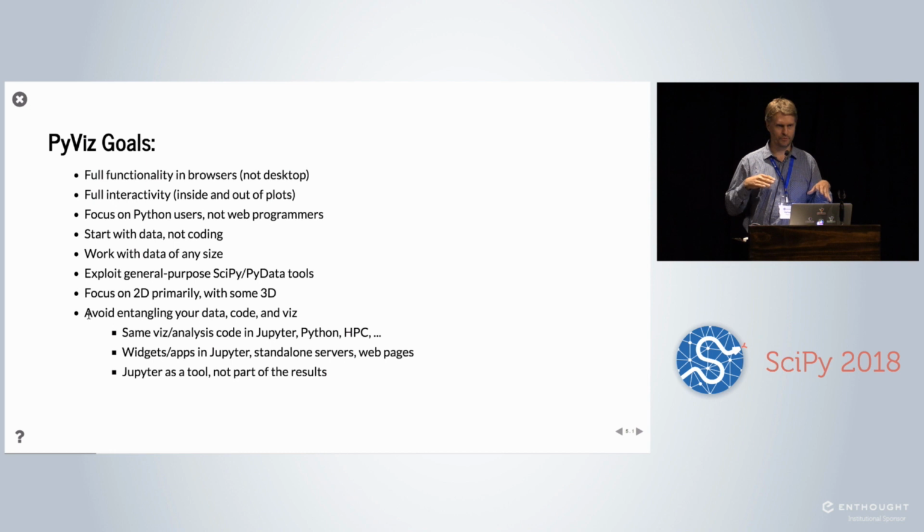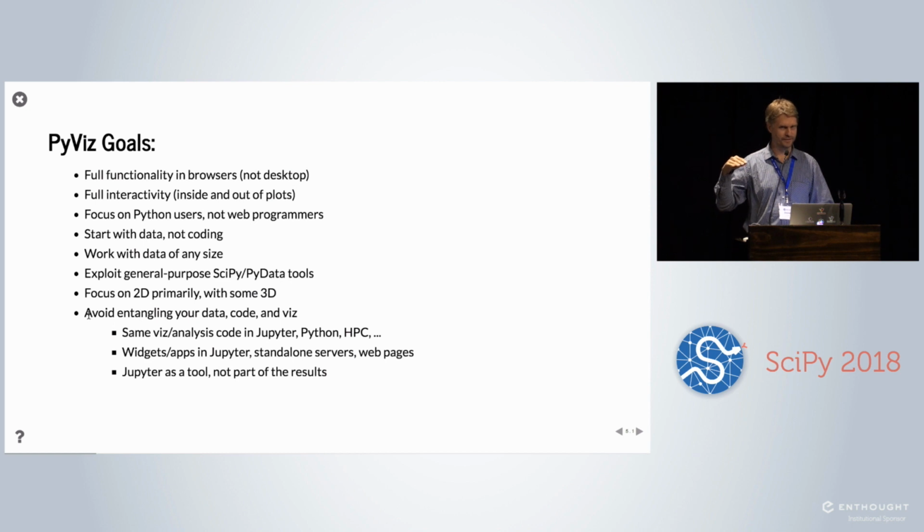We want to make sure that people who know a domain can work hard on the code for their domain without tying it, therefore, to a particular context of how they're going to view the results. And that's where we diverge from a lot of the talks you've seen today, which are going gung-ho into Jupyter widgets. We do use Jupyter widgets, but we focus on ways to use Jupyter widgets or other widget libraries where those libraries are not tied into your domain-specific code.